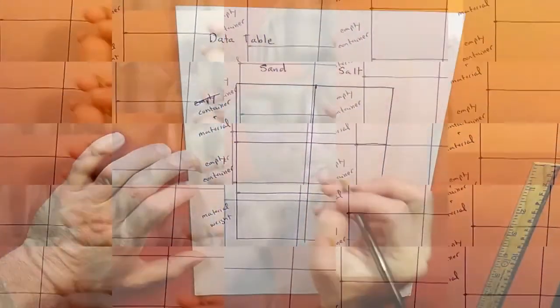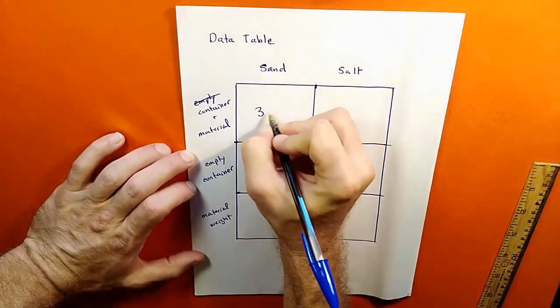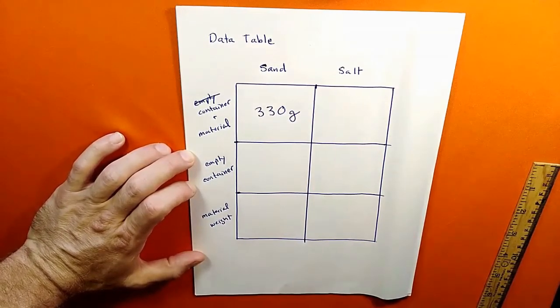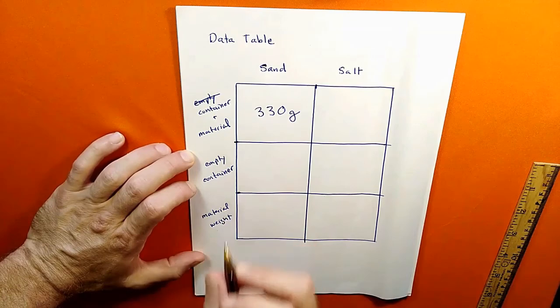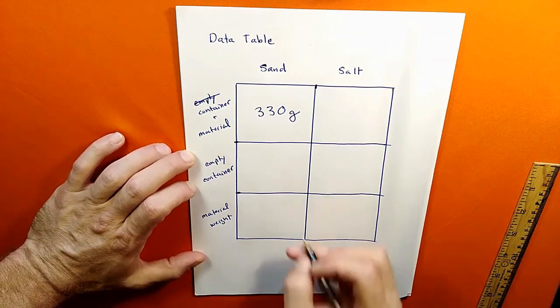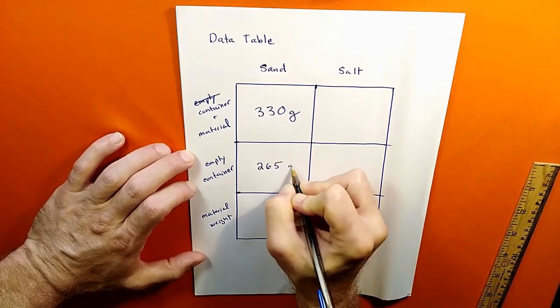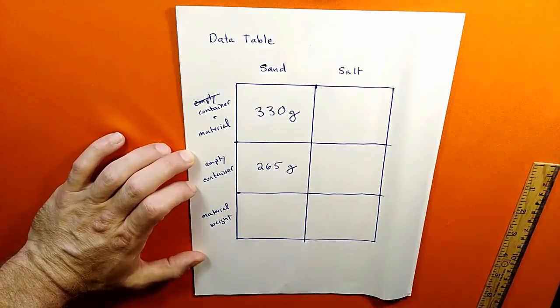So on the sand side, there were 330 grams of the container plus the dry sand, and we had weighed it before when it was empty. It was 265 grams.